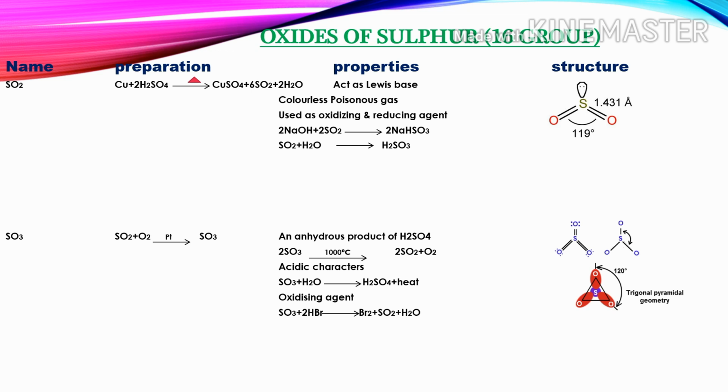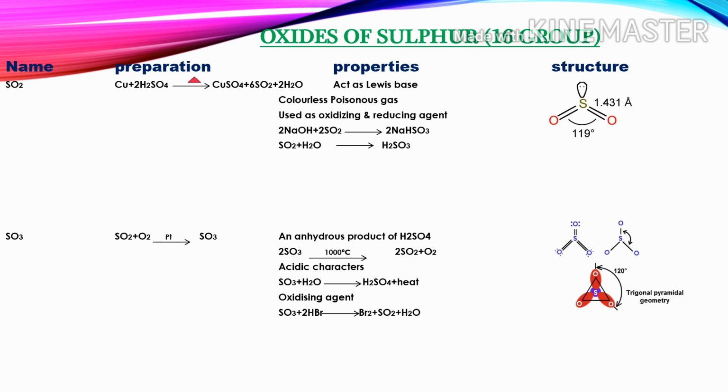Sulfur dioxide acts as a Lewis base because of the lone pair of electrons present on the sulfur. See the structure, the sulfur having one lone pair of electrons. It is a colorless poisonous gas used as an oxidizing and reducing agent.